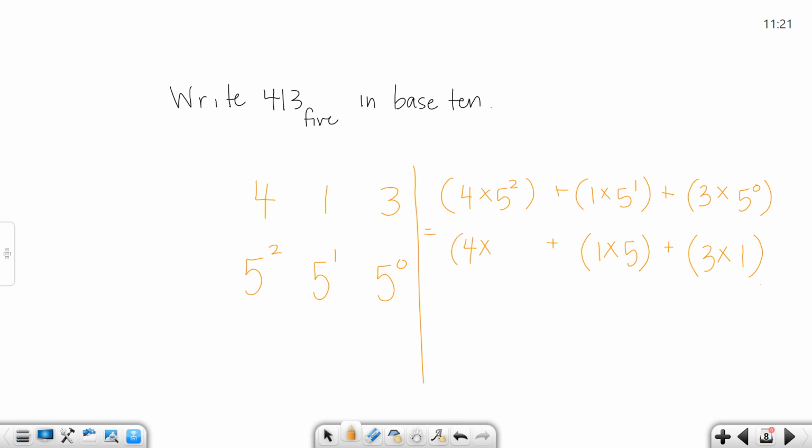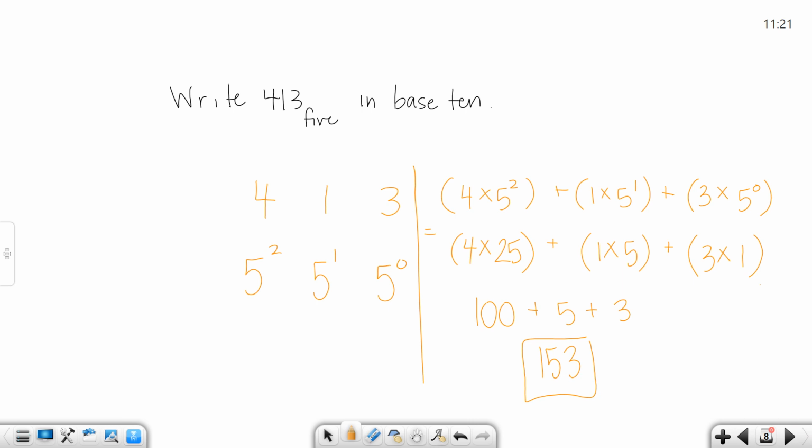Remember 5 squared from the previous slide is 25. If I take 25 4 times, that gives me 100. Plus 5 plus 3 would be 153, and that's how it would look in base 10. Now then, somebody's yelling at the screen. It's not 153, is it?